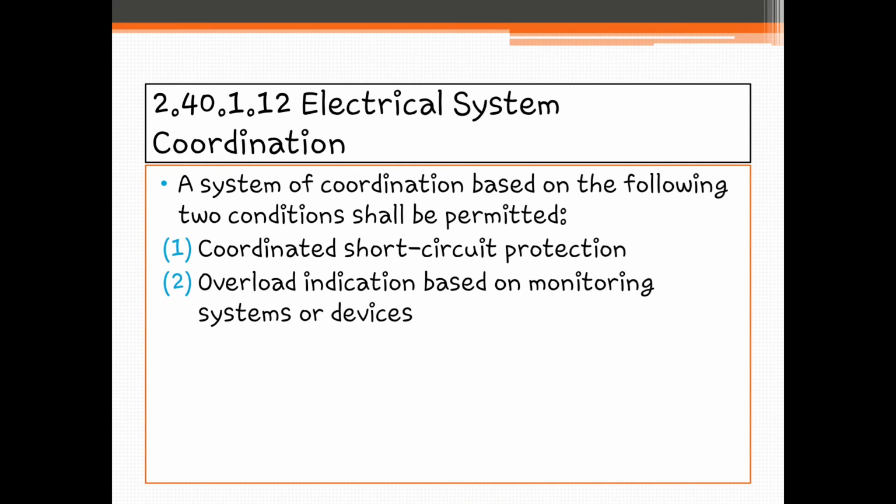Next is electrical system coordination. So, this is the system where an orderly shutdown is required to minimize the hazard to personnel and equipment. A system of coordination based on the following two conditions shall be permitted. First is coordinated short circuit protection. The other one is overload indication based on monitoring system or devices.